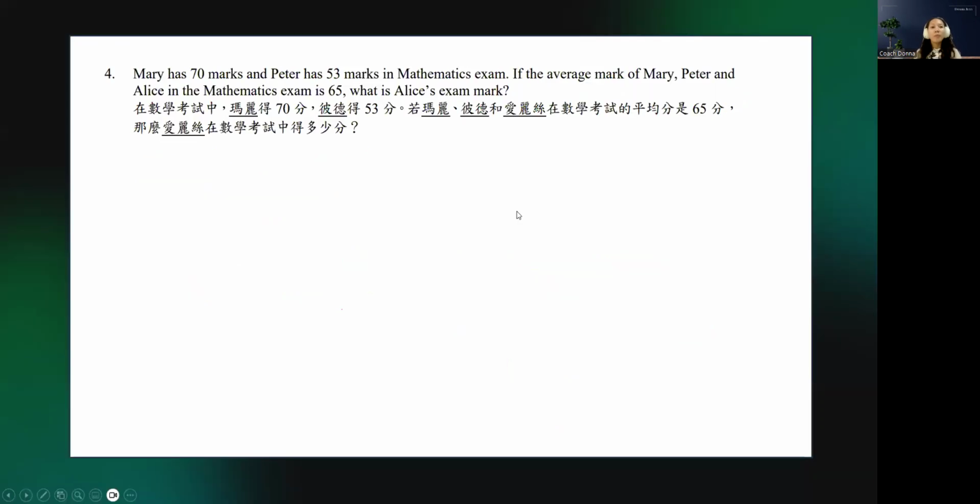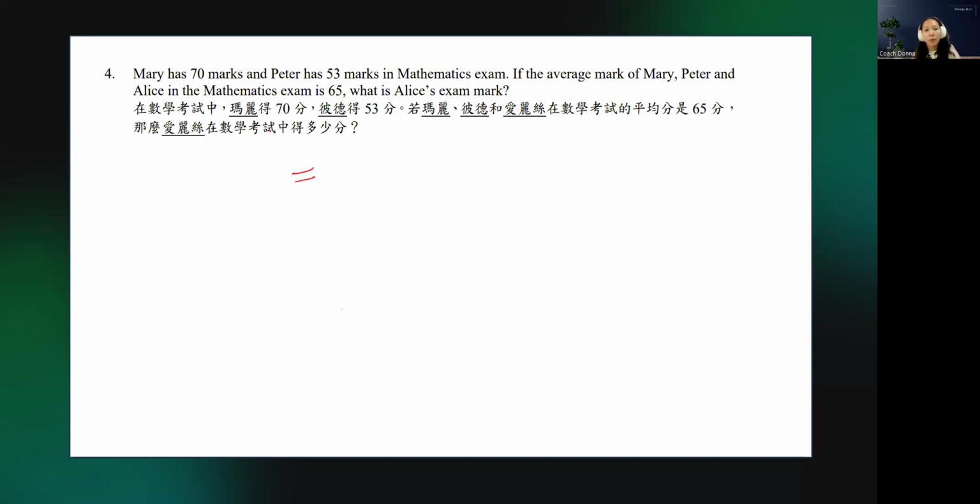For number 4, Mary has 70 marks and Peter has 53 marks in mathematics exam. If the average mark of Mary, Peter, and Alice in the mathematics exam is 65, what is Alice's exam mark? So what we're going to do here is we could use the shortcut formula.